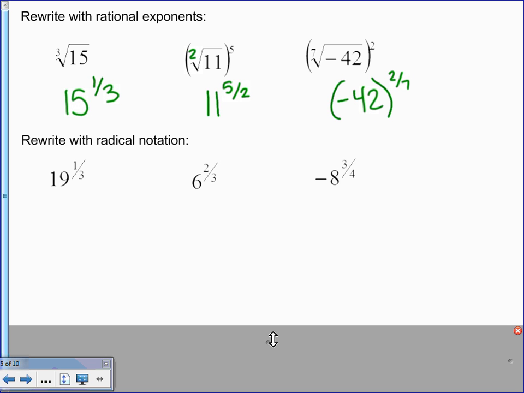So that helps you write it in radical form. 19 to the 1/3, the denominator is my root, so I'm taking the cube root of 19. Done. 6 to the 2/3, the denominator is my root, so I'm doing cube root of 6 squared.